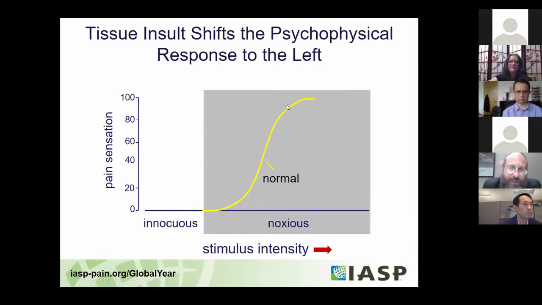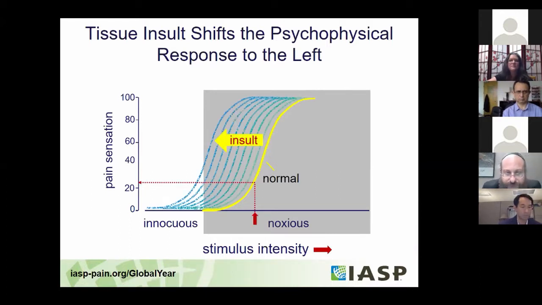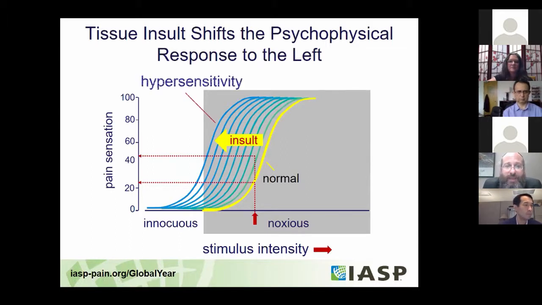So if we were talking about sunburn, all of a sudden, when you have an insult, levels of touch that were ordinarily not painful would start to become painful. And now when you start to apply a painful stimulus, a person that is sunburned reports it as being extremely painful. So this same paradigm can also be extended to understand what the mechanisms are in visceral pain.